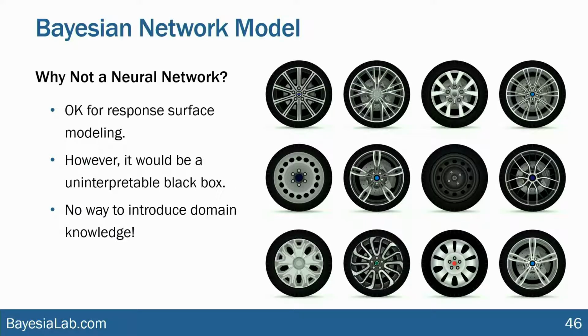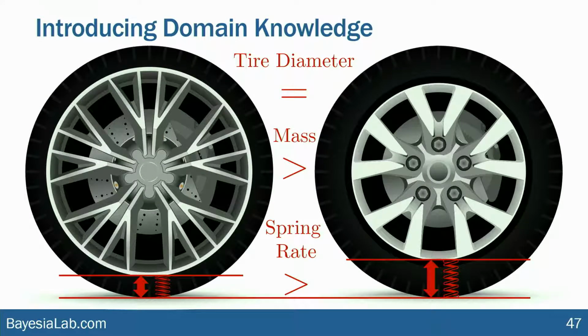And one piece of domain knowledge, for instance, is that tire wheel mass and spring rate of the tire are related. So here we have two tires, perhaps something like a decision that you make when you buy a new car. You never have a choice of tire diameter.